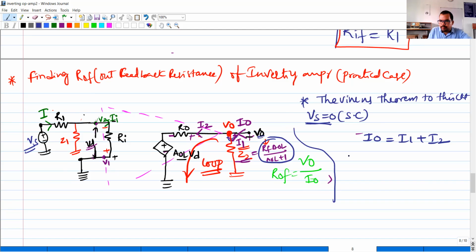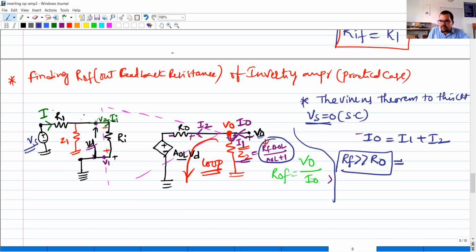We know that the output resistance of the ideal operational amplifier is very much smaller than the feedback resistance, so RF will be very much higher than R0.